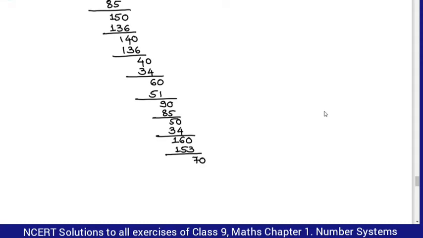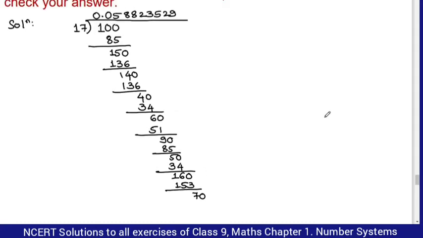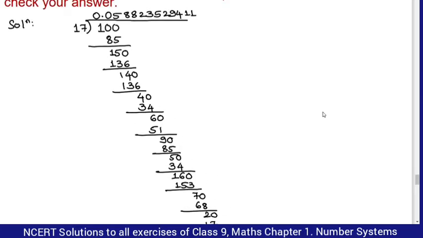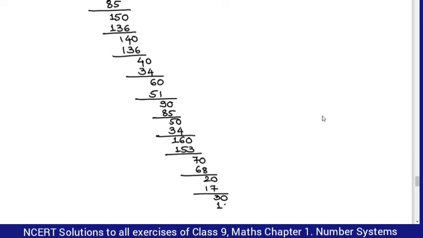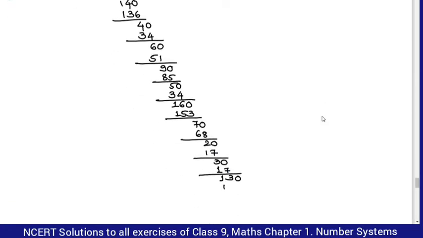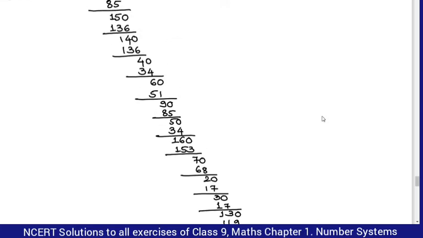Remainder is 7. Again 17 4s are 68. Remainder is 2. 17 1s are 17. We got remainder 3. Again 17 1s are 17. Here remainder is 13. Now it will divide with 7. 17 7s are 119. Remainder is 11.